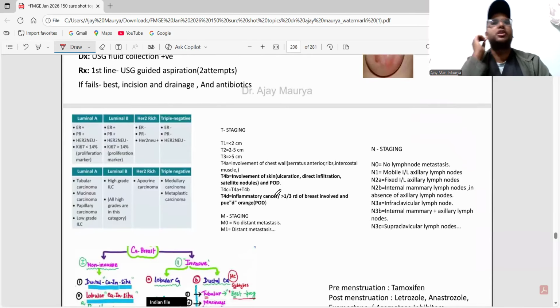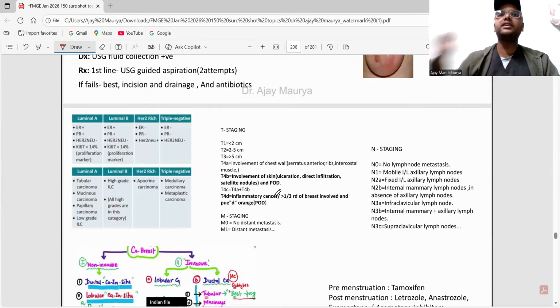Next one, this is important, the TNM staging of breast cancer. I don't want to explain all of these, but remember one thing for the FMGE examination: the stages T4B and T4D. These two stages are very important.